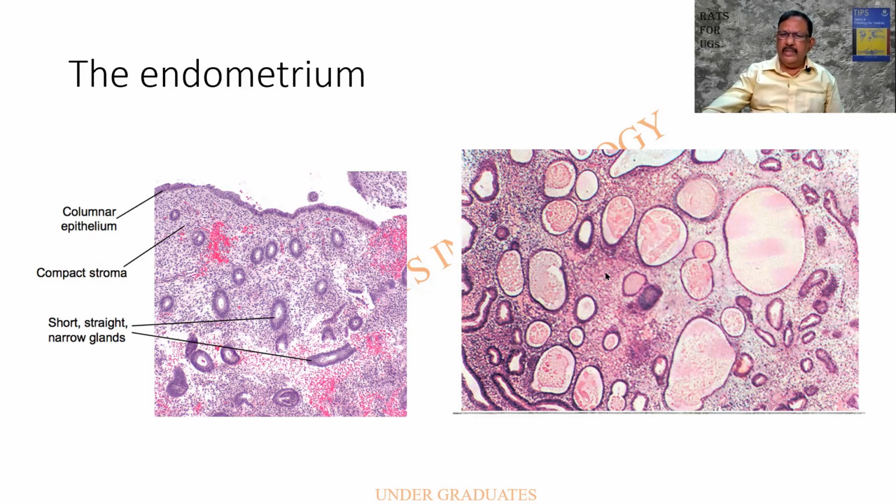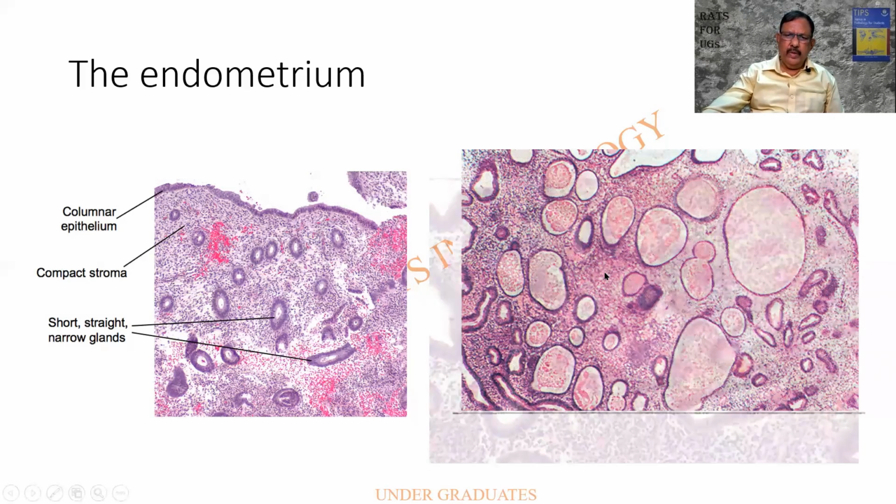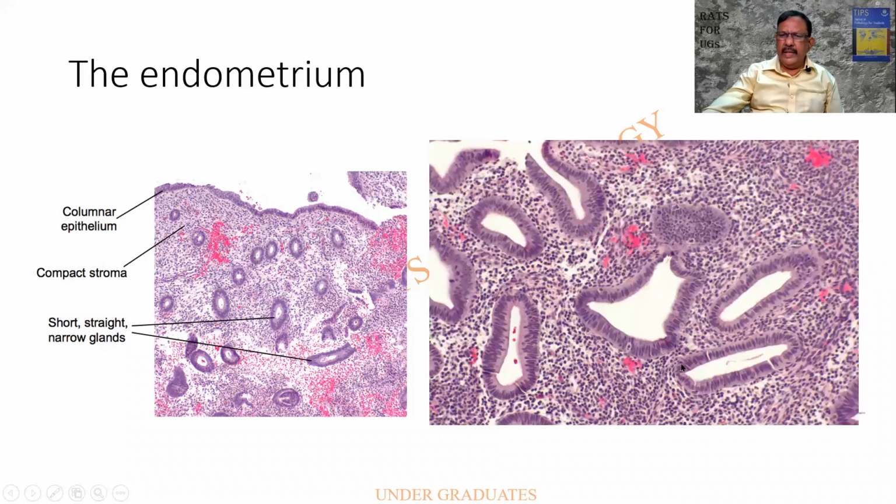So we call this a kind of a simple hyperplasia. But sometimes you find that the endometrial glands can become like this also, slightly irregular, more crowded. The stroma is also cellular, and this is called a disordered proliferation of the endometrium. So this is an example of a pathological hyperplasia.